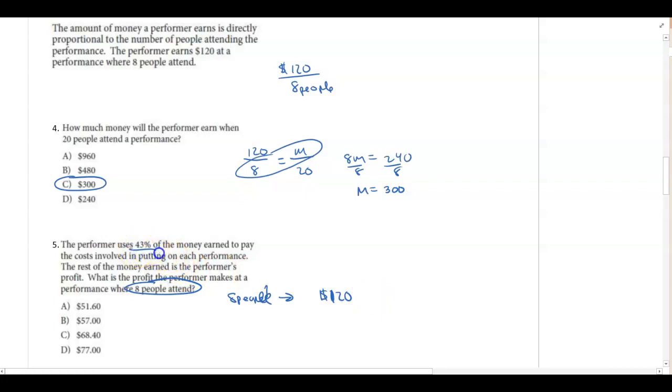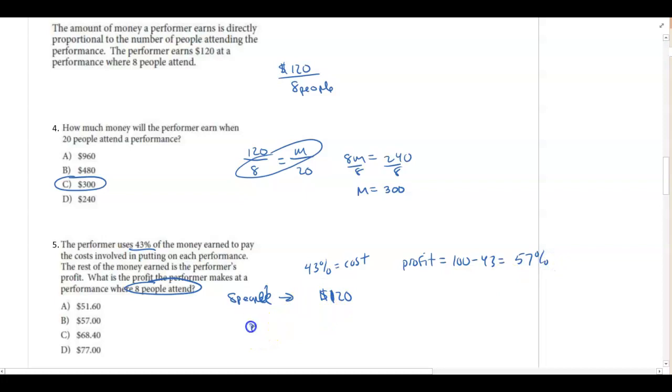Now, if 43% go to cost, what percent is for the profit? Well, 100 minus 43 is 57% goes to profit.